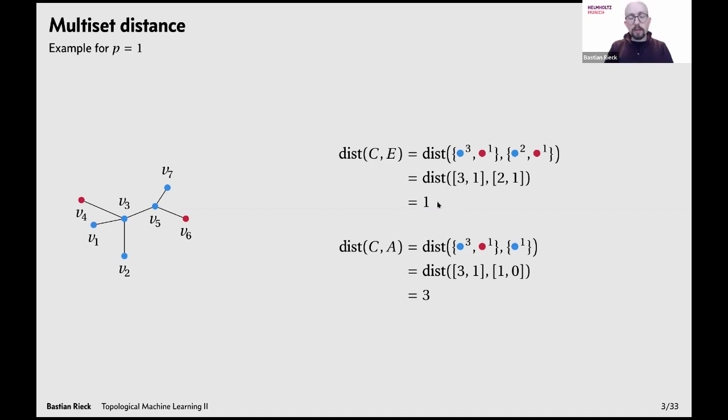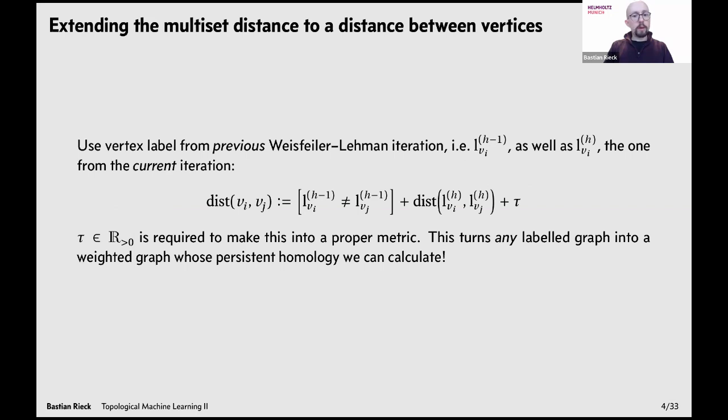Now, this is just an example of how this works in practice, and I'm emphasizing this because it's a really simple way of calculating distances between multisets. There's nothing special or nothing magical about this type of calculation, of course. And we can extend this to a distance between the actual vertices.